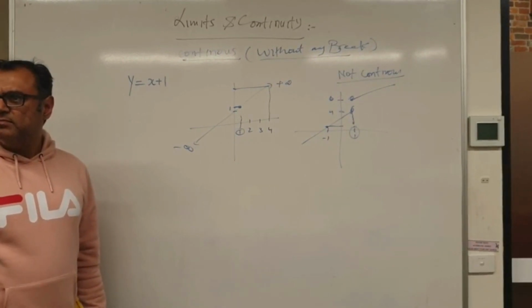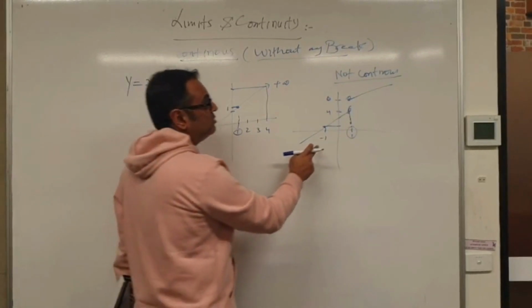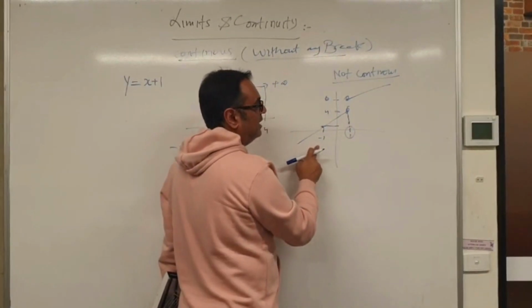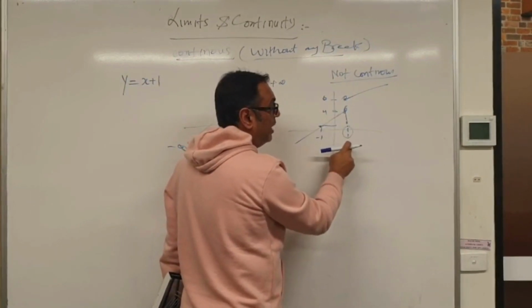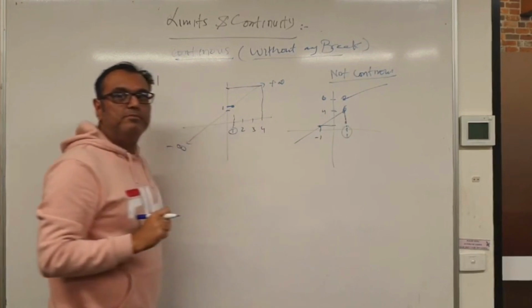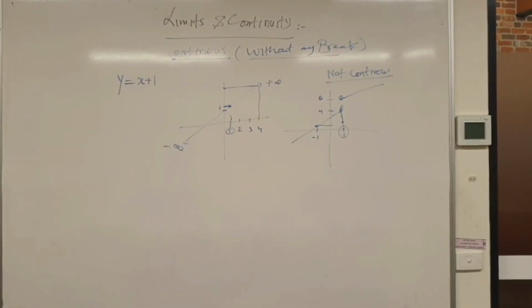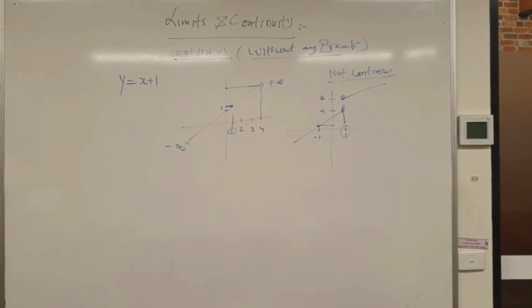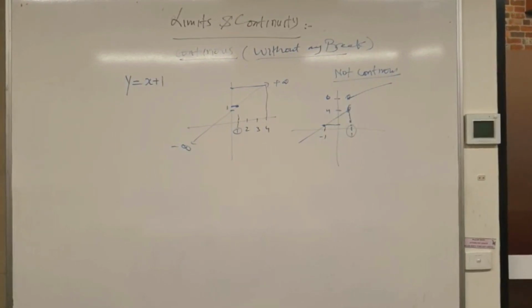Does that make sense? At x equals minus 1, is this continuous? Yes. At x equals 0, continuous? Yes. At x equals 1, no. There's a problem. This is what continuity means, right? Let's do an example, probably a question that will make it more sense.